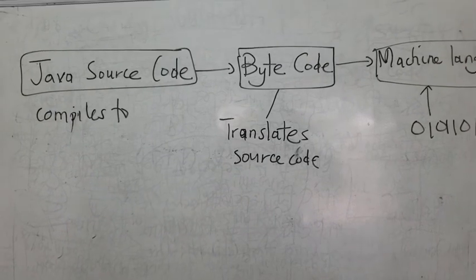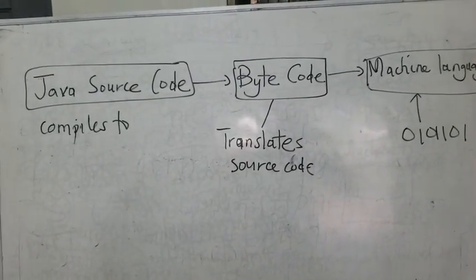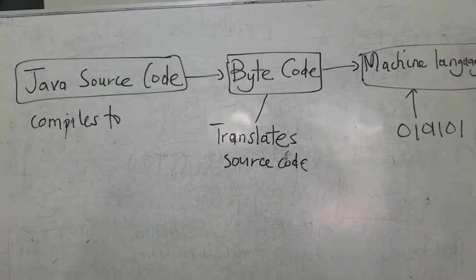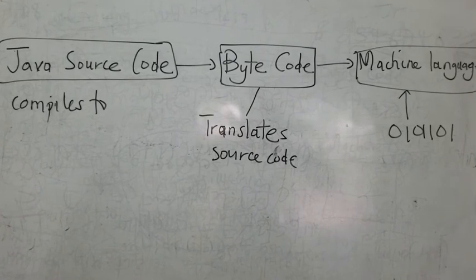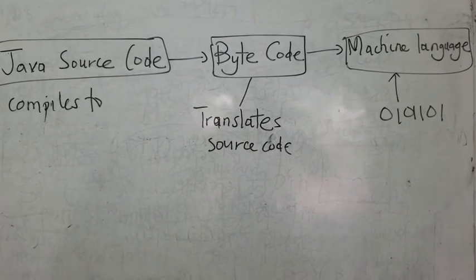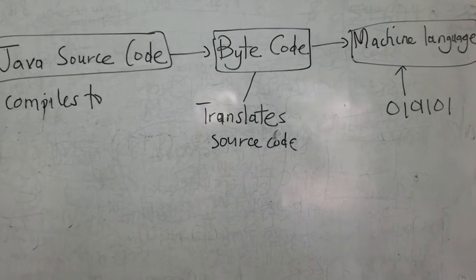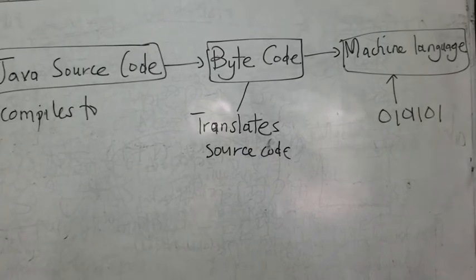There is this diagram that tries to explain what I was talking about. As you can see, the bytecode is right in the middle. Yes, the bytecode is responsible for checking the machine to see if it is compatible to run the source code or it is not. If it is compatible, then the source code will run.